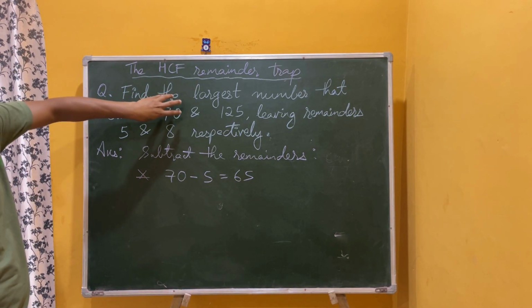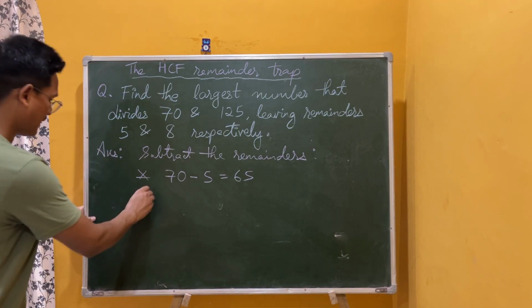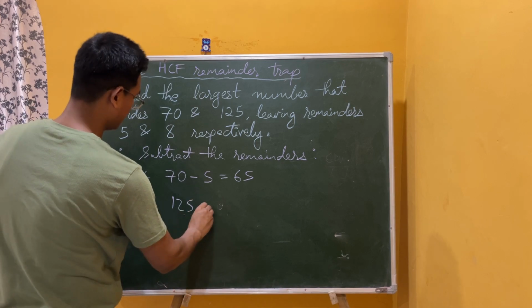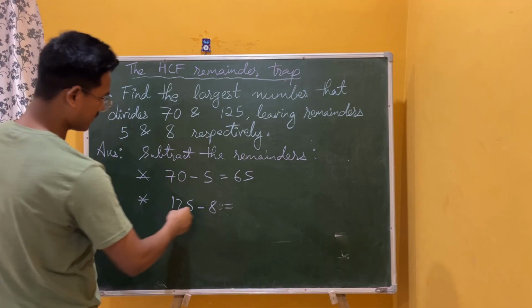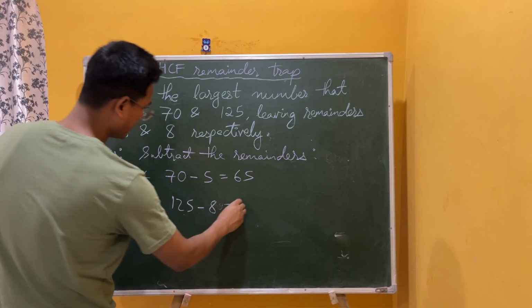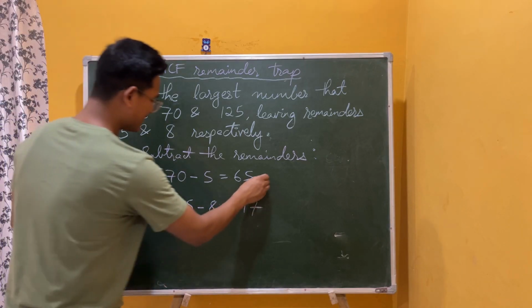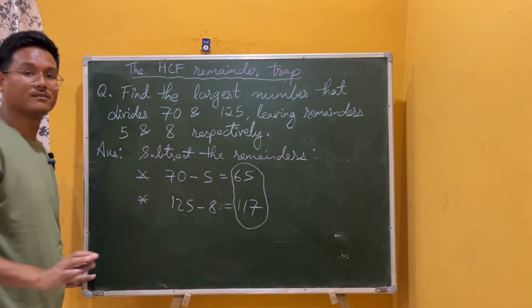If you divide this 70 by that number, the remainder is 5. And when you divide 125 by that number, the remainder is 8. So let's subtract the remainder. It is 117. It means this 65 and 117 is divisible by that number.